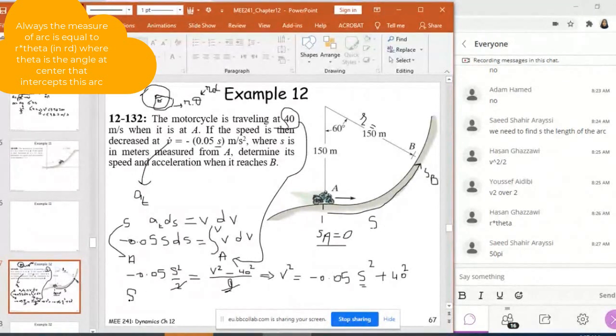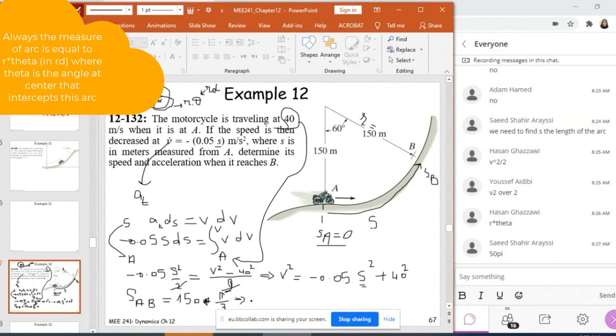So I'm gonna say SAB will be equal to R, which is 150, times theta, which is 60 in degrees, all right? So what is theta in radians? It is pi over 3. So this is SAB, guys. Okay?